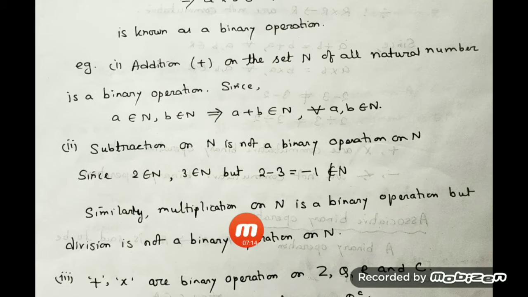Multiplication is a binary operation because if I multiply any two natural numbers, the answer will be a natural number. But division is not, because in the case of division sometimes we get a natural number, but not always. When you take 2 and 3, 2 divided by 3 is a rational number, not a natural number. So division is not a binary operation.